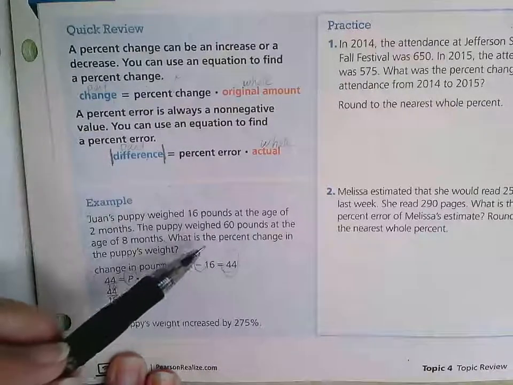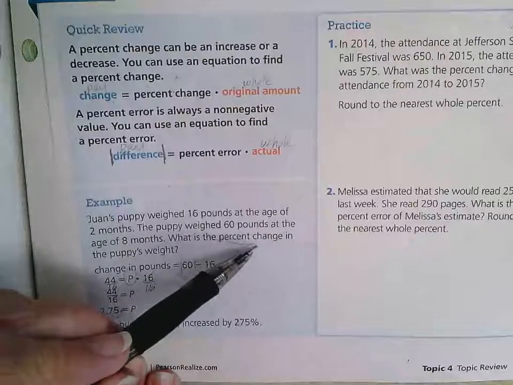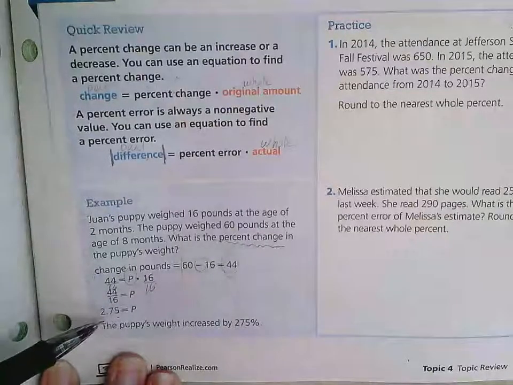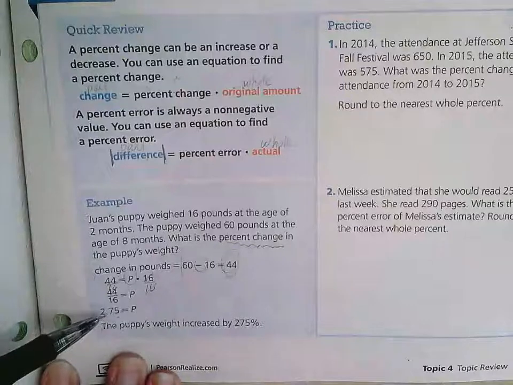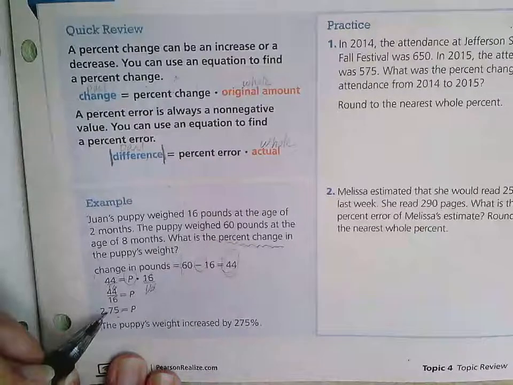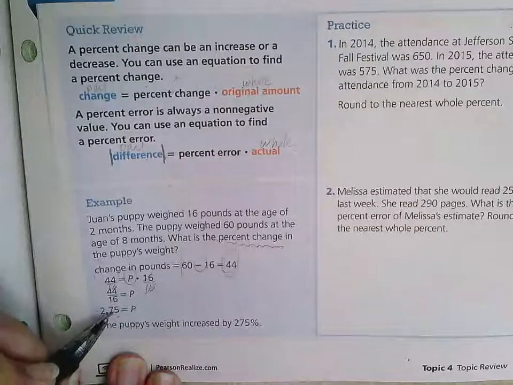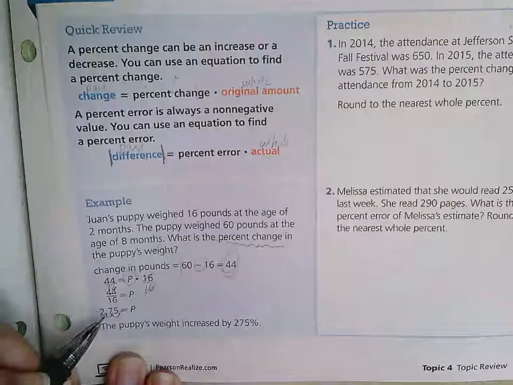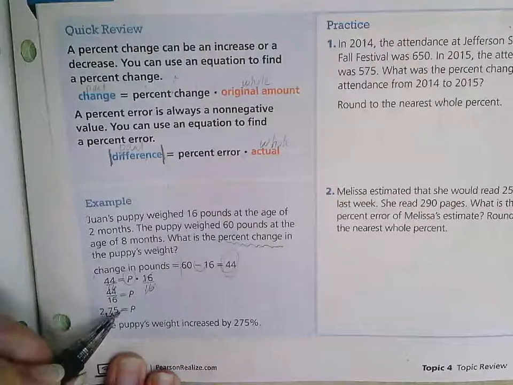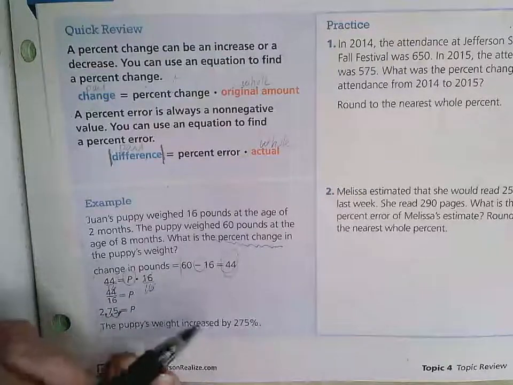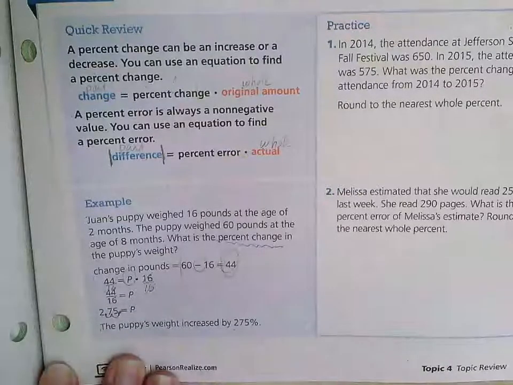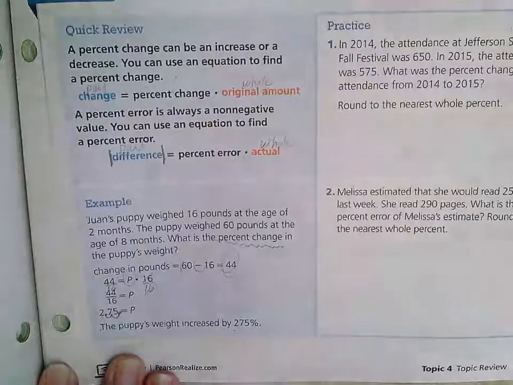But the question says, what is the percent change? Percent change always has to be multiplied by 100 when you find out what your variable is equal to. So we're going to multiply by 100 by moving the decimal point 2 places to the right, and we get an answer of 275%.